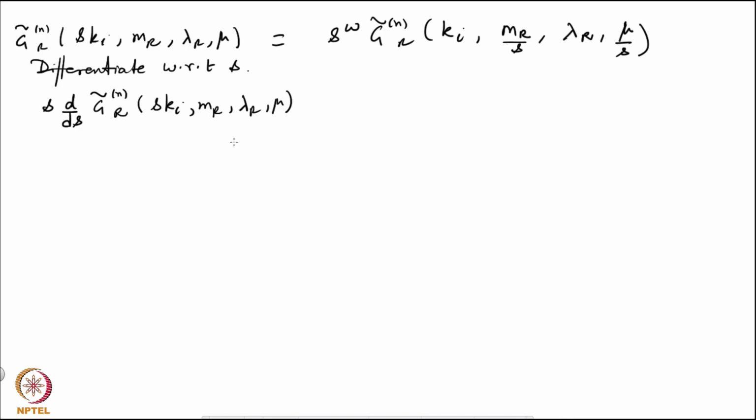This is equal to omega s omega. I have already explained why you'll get this thing. G tilde n r ki, mr over s, lambda r, mu over s. Okay.